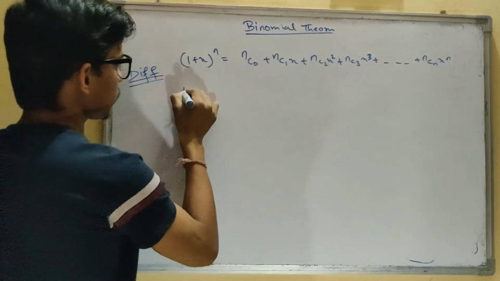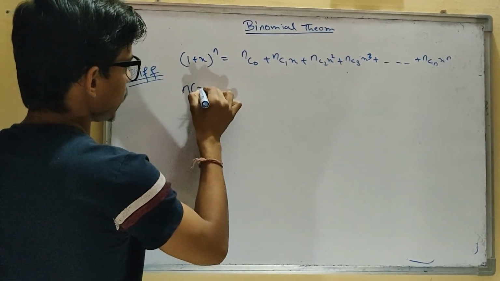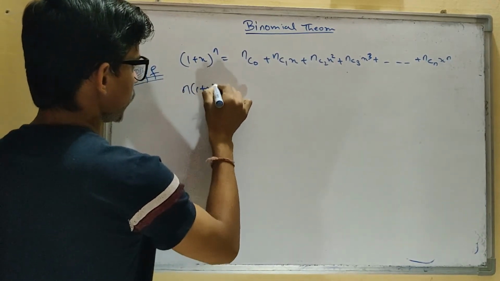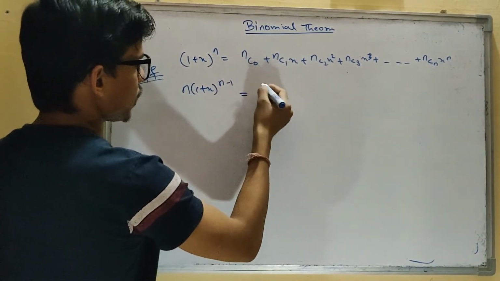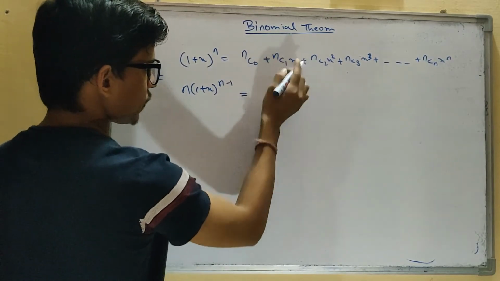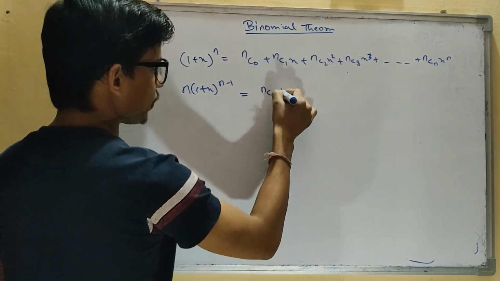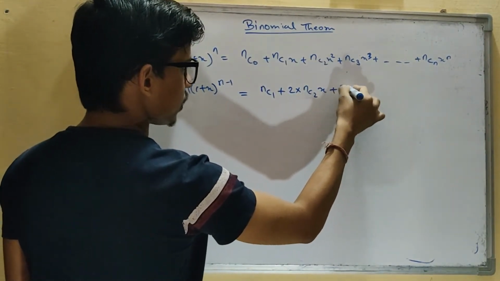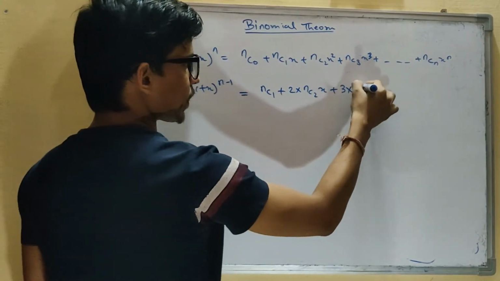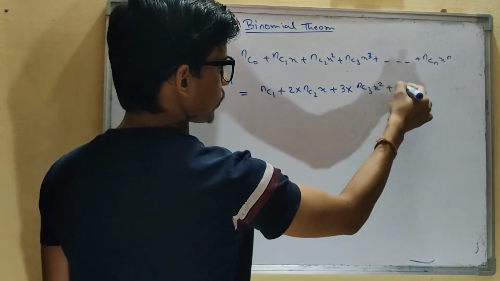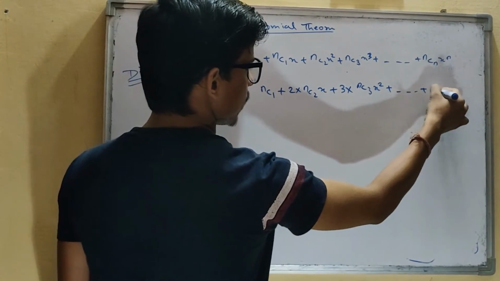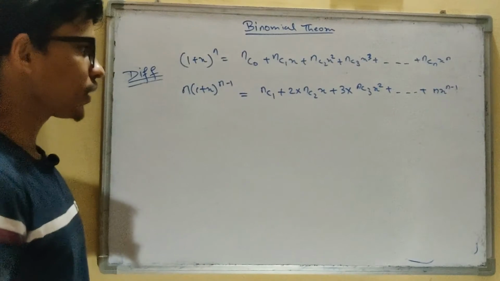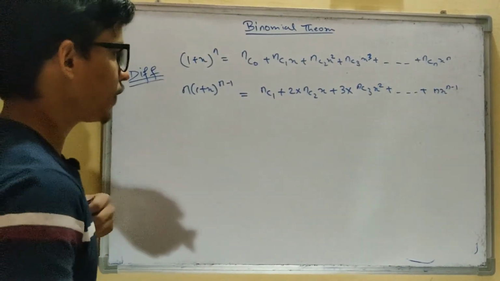If you differentiate it, it is going to be n(1 + x)^(n-1), which equals the differentiation of this part, which is 0, and for the other terms it is going to be nC1 + 2·nC2 x + 3·nC3 x^2, and so on, and in the last it is going to be n x^(n-1).